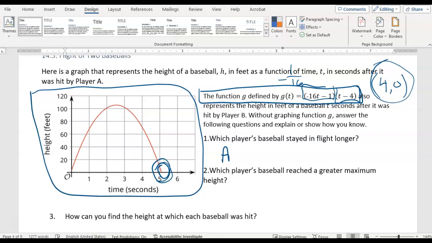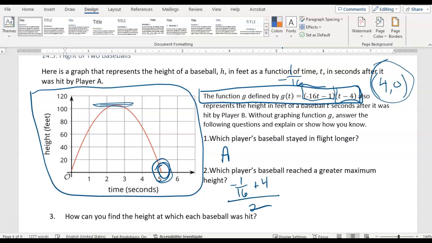Which player's baseball reaches a greater maximum? So to do this, we need to find out what the maximum of this equation is. Here it's a little over 100, so let's look at this one here. If we want to figure that out, we need to figure out what the x value is for the maximum. And so we're looking at the average of negative 1/16 plus 4 divided by 2. Right? 1/16 is actually pretty close to 0.